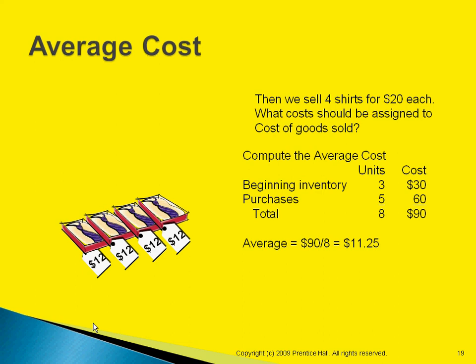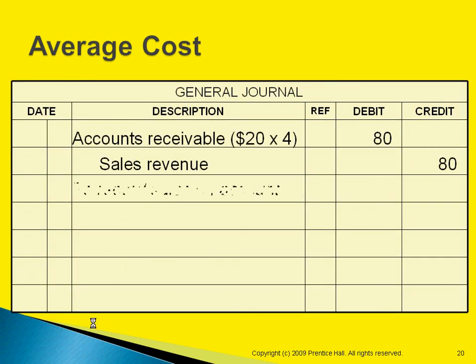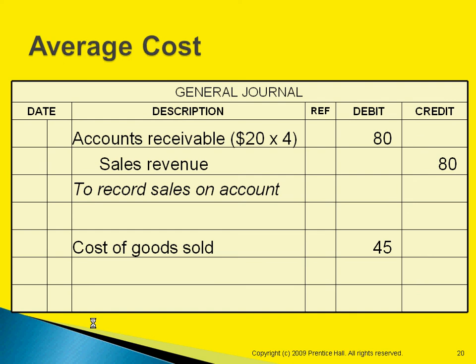Okay, so if we sold 4 of these shirts for $20 each, the inventory cost of these shirts under the average cost method would be $11.25 times 4, or $45. So we'll debit our accounts receivable, we'll credit our sales for the $80, we'll debit our cost of goods sold for $45, we'll credit our inventory for $45 to record the cost of the sales.